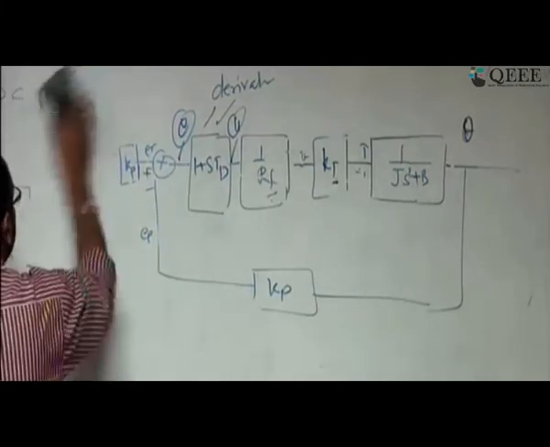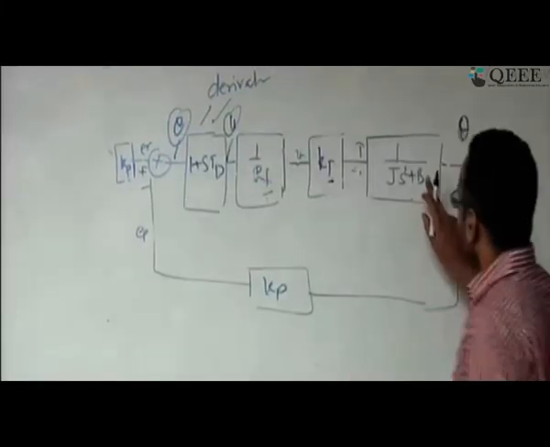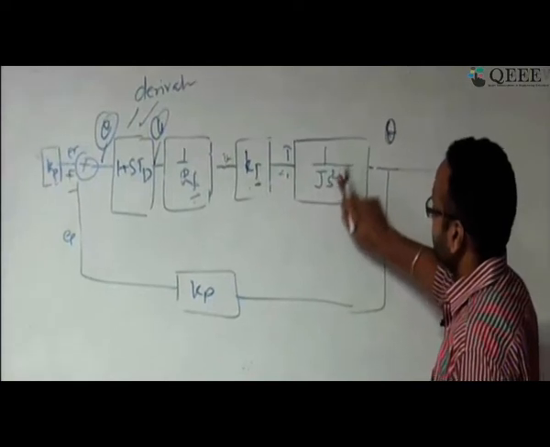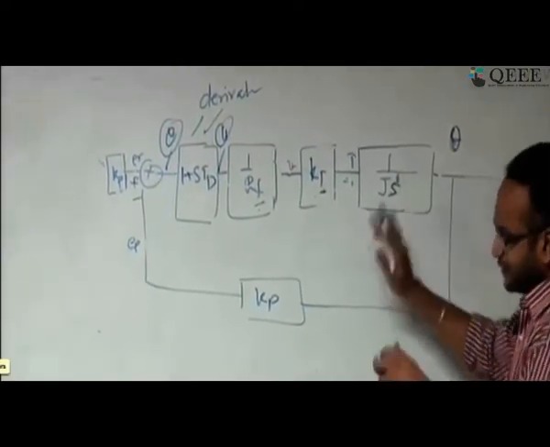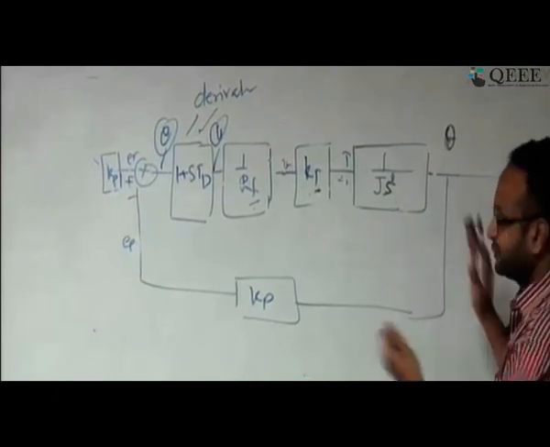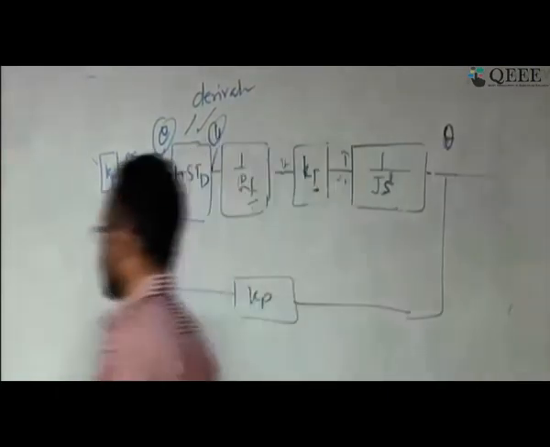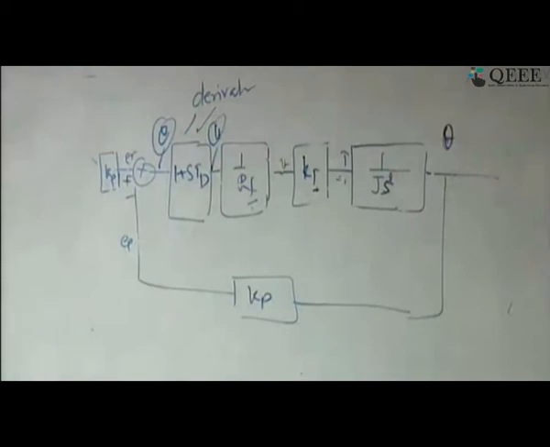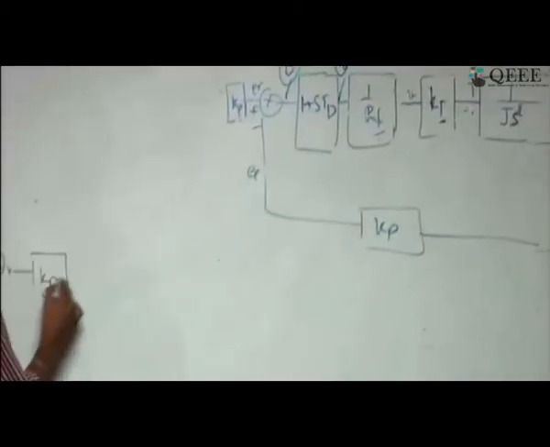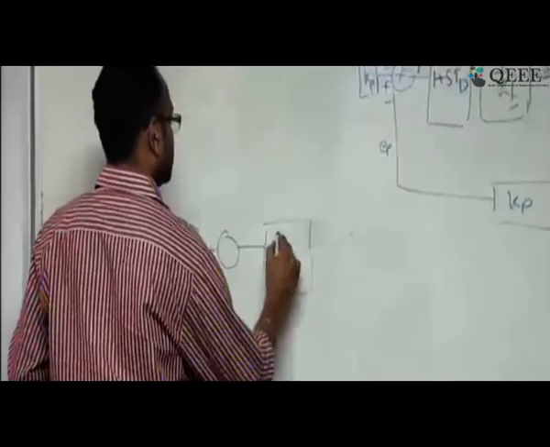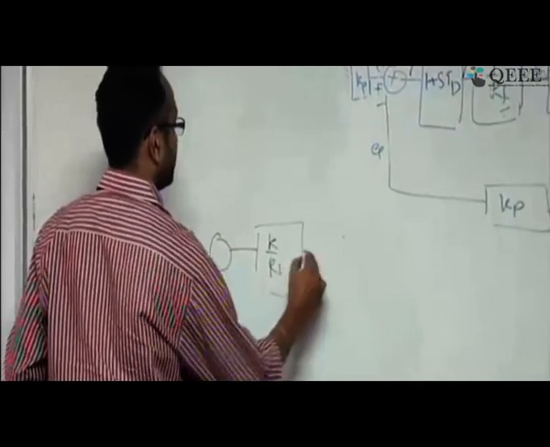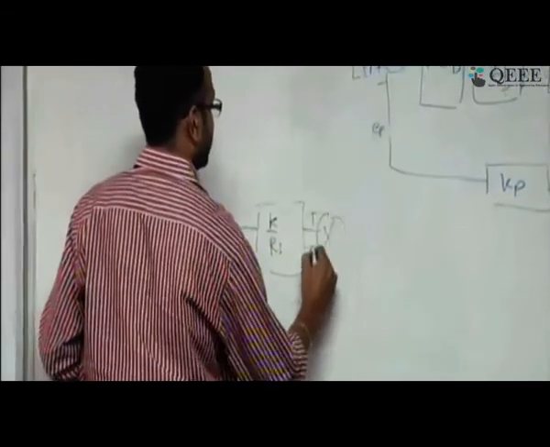Okay. So for the time being, let me assume the viscous friction b is a constant, 0. So my transfer function is only 1 by Js square, because what I am going to talk about will be true for the other cases also. Now let me use theta r, Kp, and let me use only some k by Rf, plus minus.